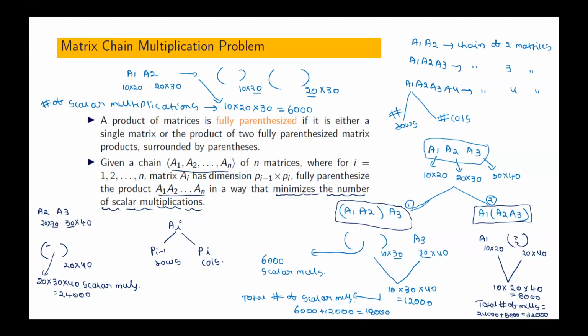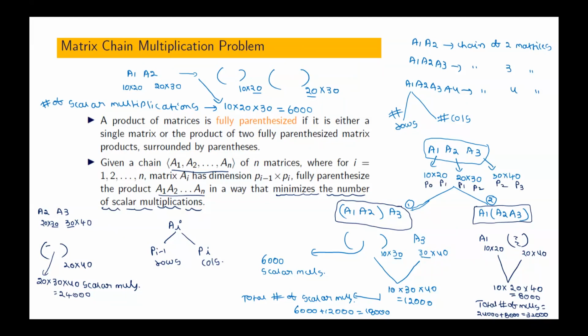Similarly, if we are given three matrices A1, A2, A3, first matrix 10 by 20, second matrix 20 by 30, third matrix 30 by 40. In terminology, this is P0, this is P1, this is P1, this is P2, this is P2, this is P3. Is that clear?